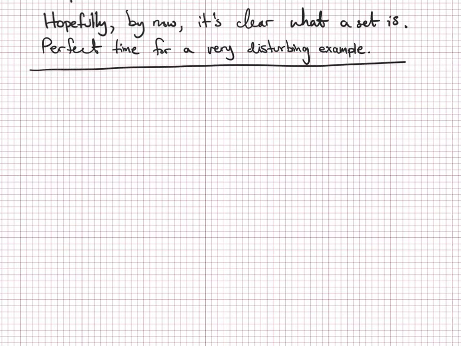So I'm going to define a set. I'm going to say let D be the set of natural numbers. So again, this is not too crazy. Any element of this set D is going to be a natural number.